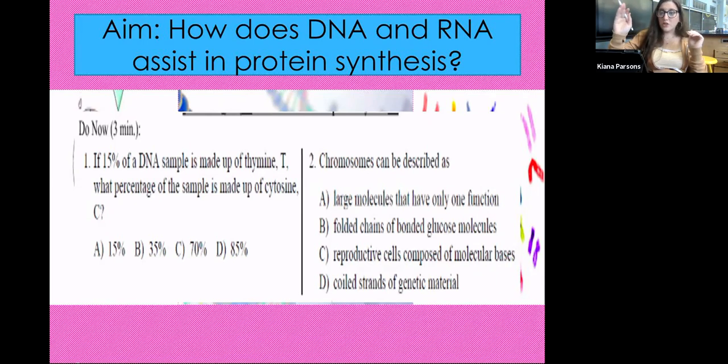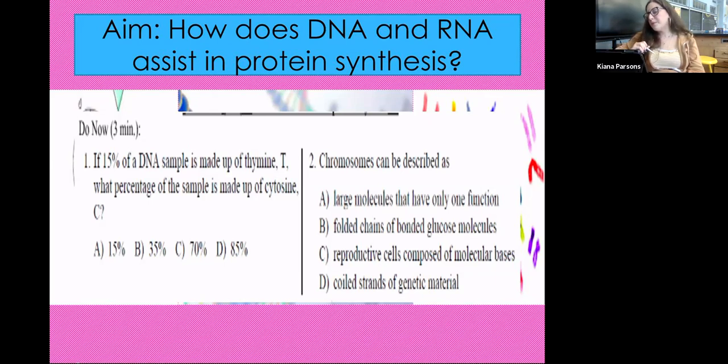We know A matches with T, so another 15% of the DNA sample is also adenine. That takes away 30% of the DNA sample. We're left with another 70%, but we're not done yet. Out of that 70%, half of it is cytosine and half of it is guanine. So the answer is B, 35%. 35% of the sample is cytosine.